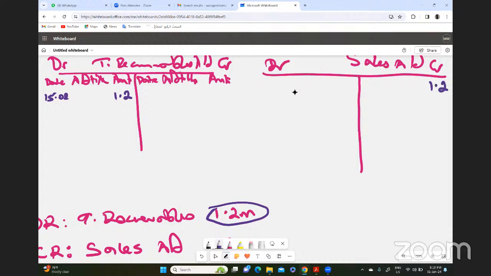Guys, even if we don't put date, account title, amount, know that that is how a ledger is structured. Are we together? So go to the sales ledger, right-hand side, put 1.2 million. Are we together? On the same date, which is 15th of Feb.